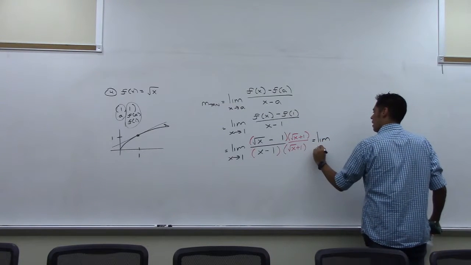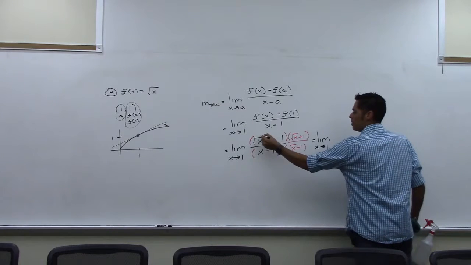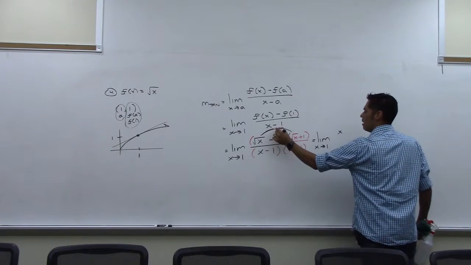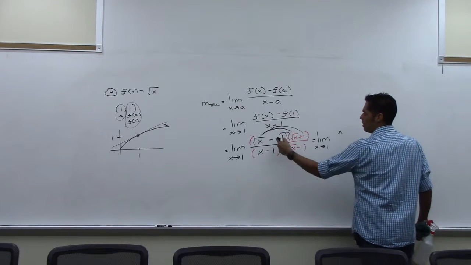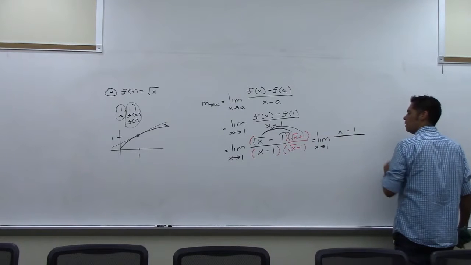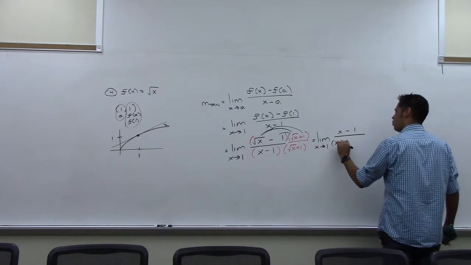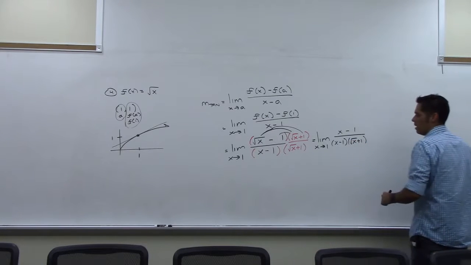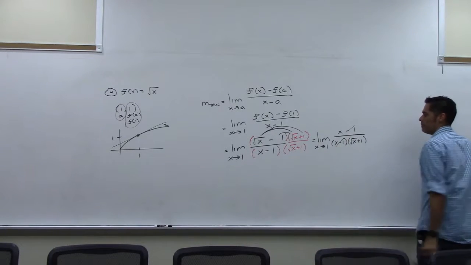Limit, x approaches 1. So when we do this times this, we just get x. The middles don't matter. This and this cancel, and then we have -1 and +1. That multiplies to be -1 over the bottom, x minus 1. And I told you in class, don't multiply these out, leave them. And you can see here we get canceling there.